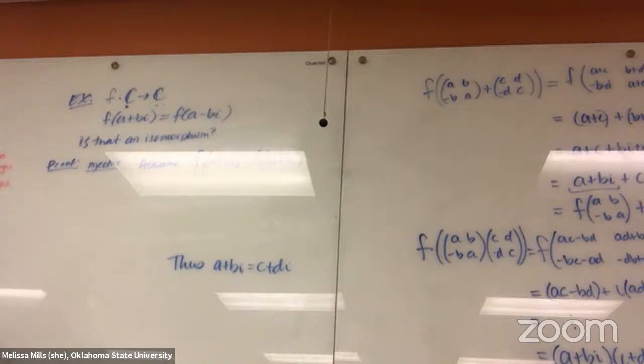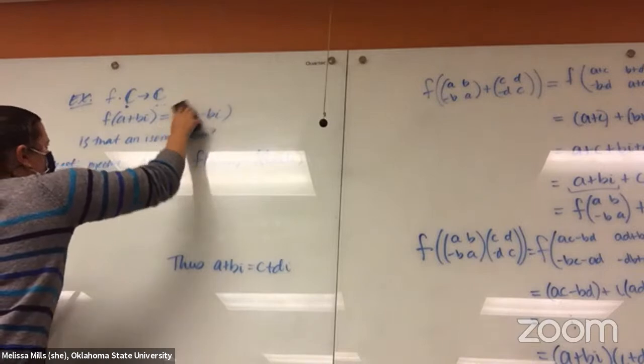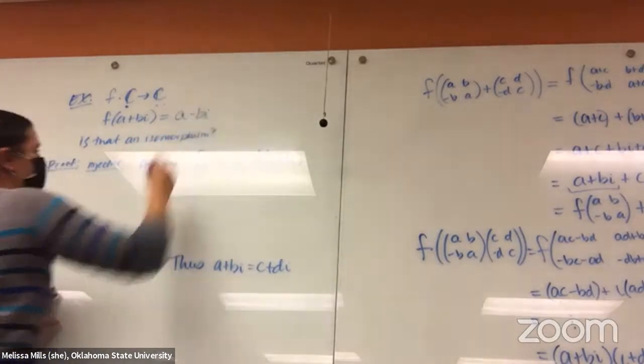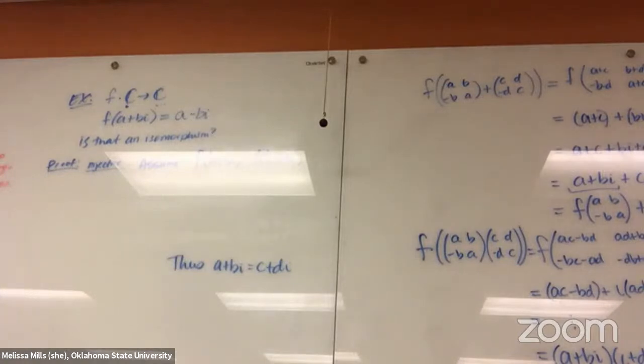Oh, that's why I'm getting confused, because they're both F of. Yes, okay. That's what I meant to write. Okay, that makes a lot more sense. I did not see that, y'all. I'm so sorry. No wonder everyone's flipping out. Okay, that's what I meant.